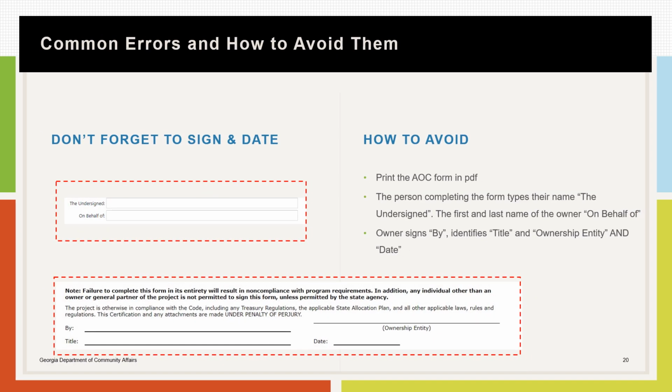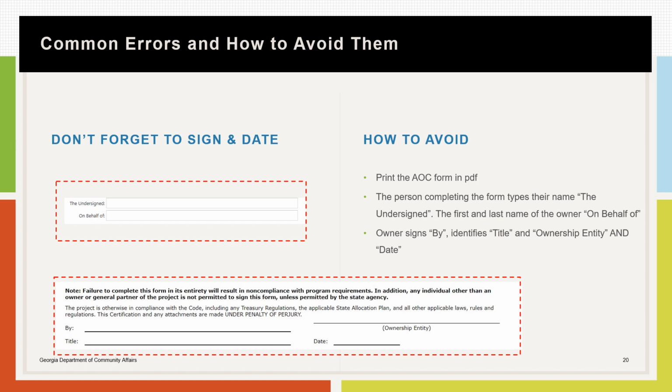Another common error that we see frequently is the AOC not being signed and not containing a date. So how do you avoid this? Well, firstly, don't forget to print the AOC form in PDF format. If the form is not printed and uploaded into the certification portal, then it is not complete.